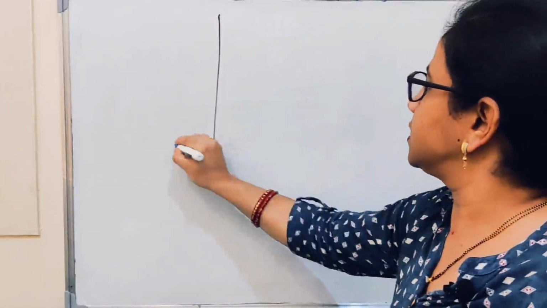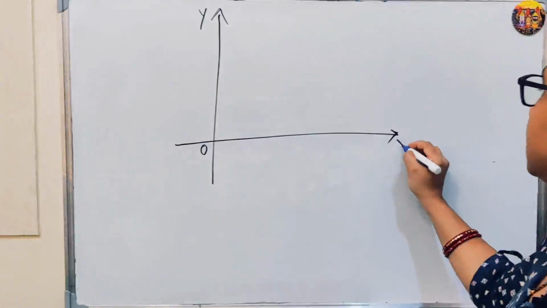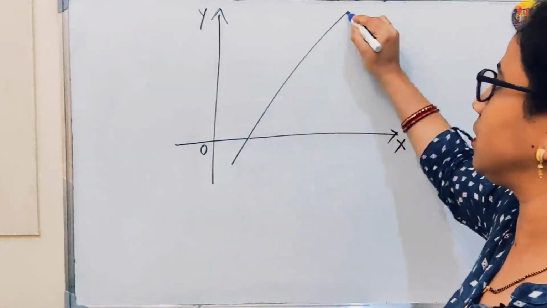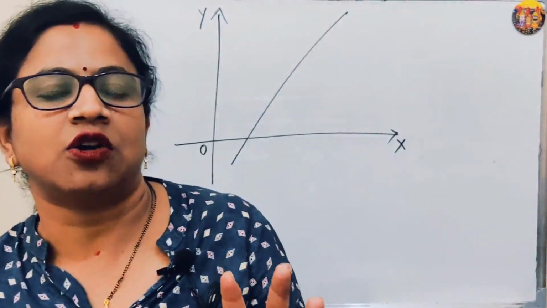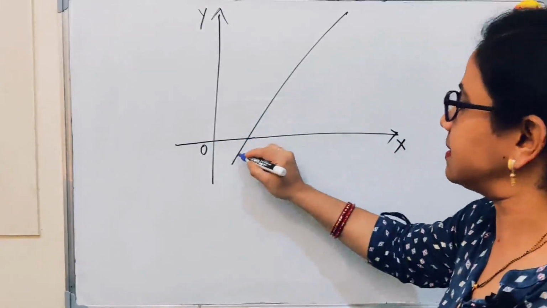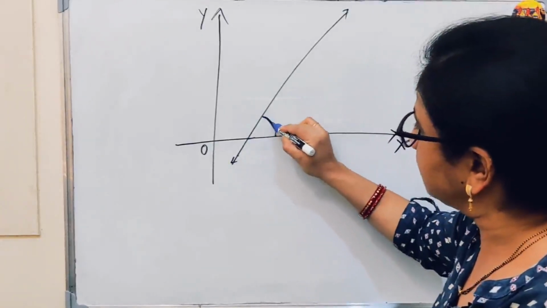So if this is my Cartesian plane, this is the origin O, this is the y-axis and this is the x-axis. On this plane, if I am drawing a line like this or a tilted line like this, what is the inclination of the line? When I am drawing the x-axis and this line, there is an angle created between these two lines.